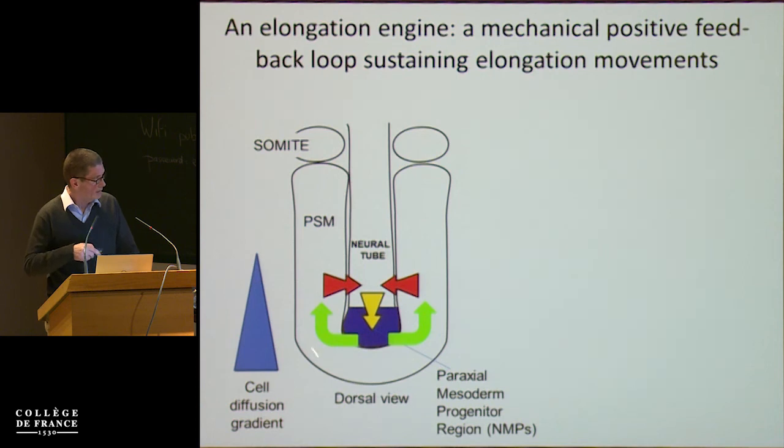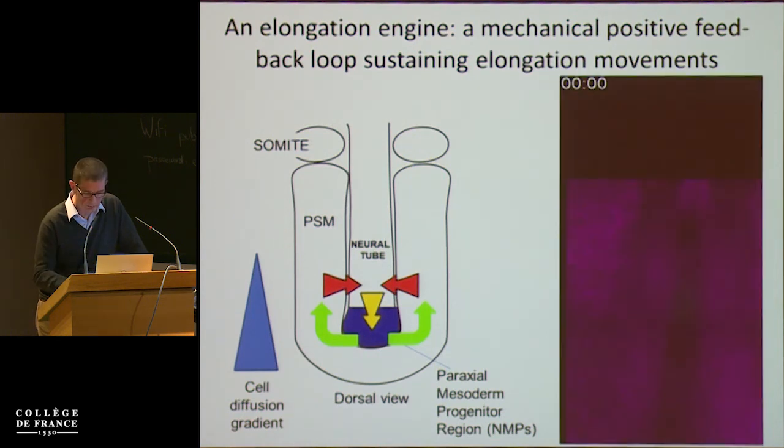So in this way, the system establishes a closed positive mechanical feedback loop, which can explain how the posterior elongation movements are sustained in the embryo.